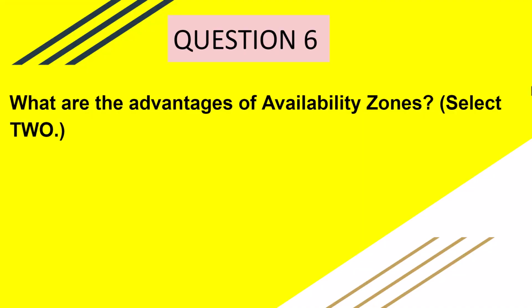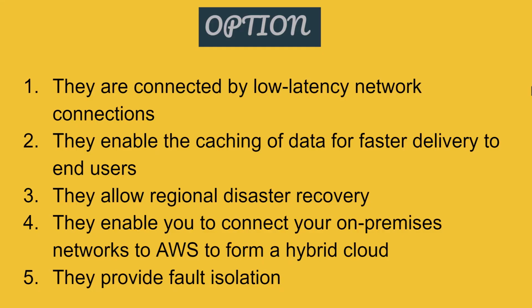Question 6. What are the advantages of availability zones? Select 2. Option 1. They are connected by low-latency network connections. 2. They enable the caching of data for faster delivery to end users. 3. They allow regional disaster recovery. 4.